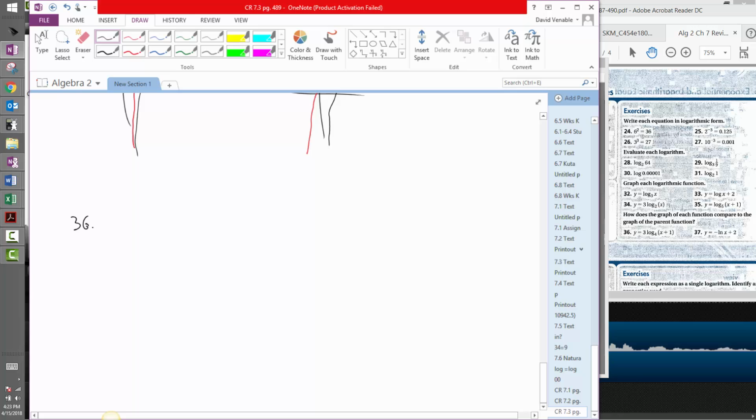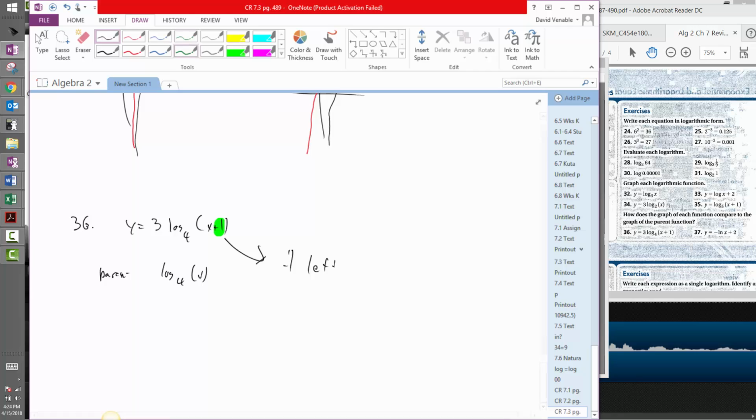All right, your function that we have right here, 3 log base 4 of x plus 1. The parent function of that is just log base 4 of x. Well, let's see what these things do. Plus 1, what does that do? That moves it 1 to the left.